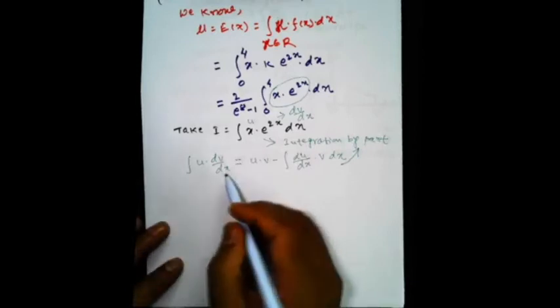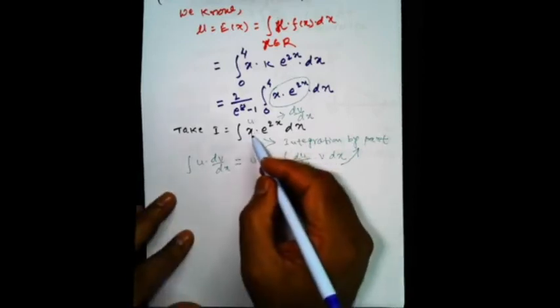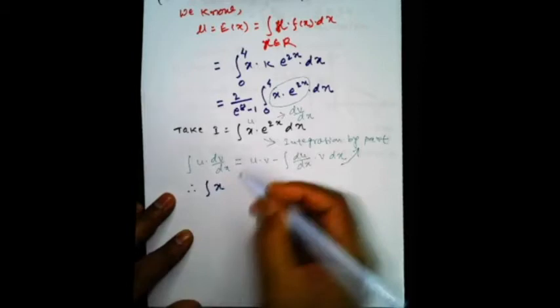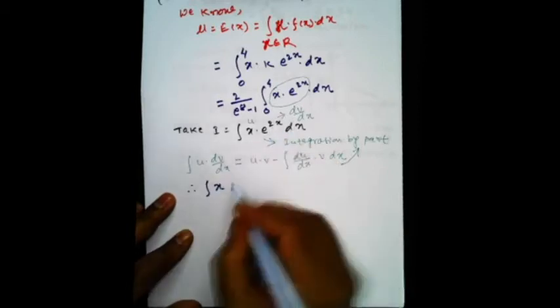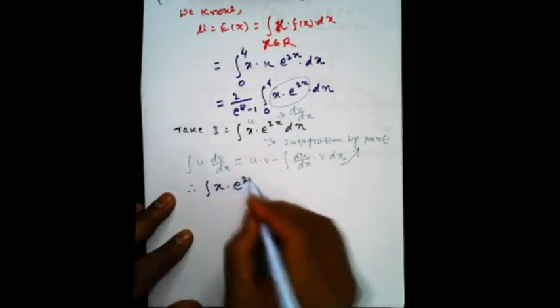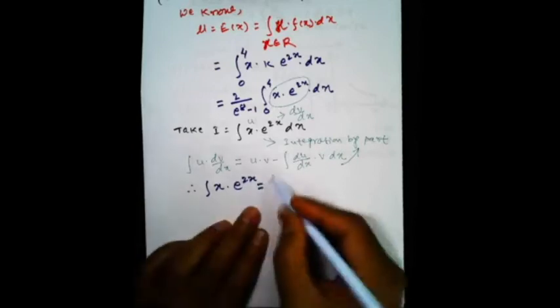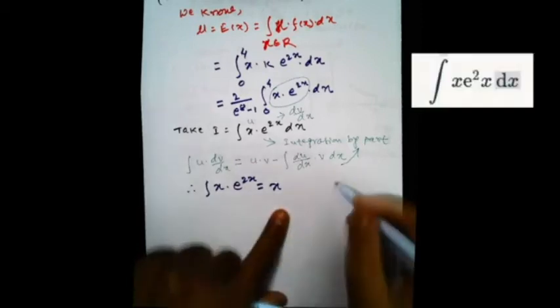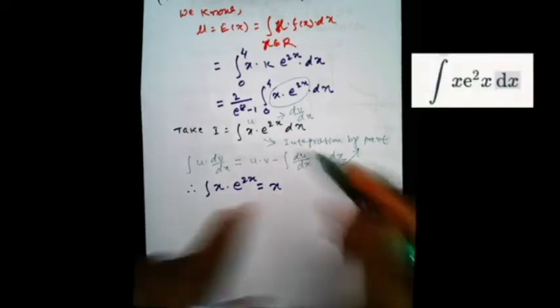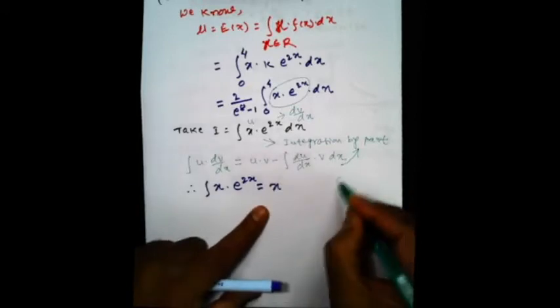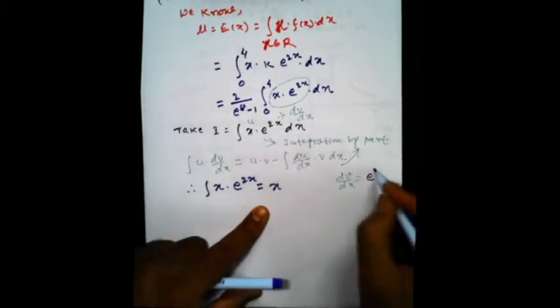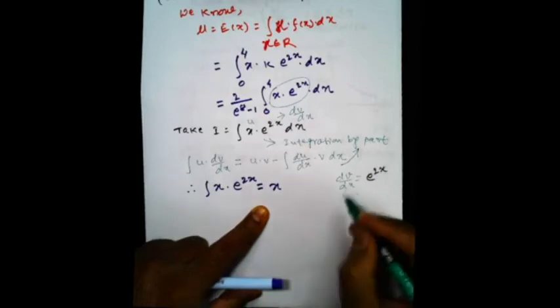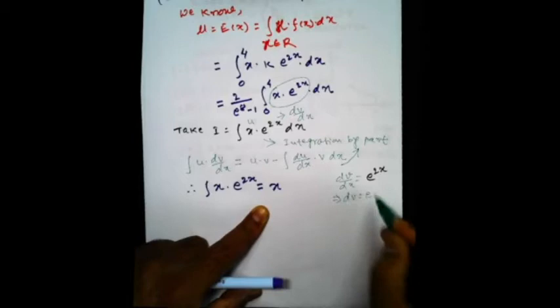If we apply this, in place of u we have x, and in place of dv by dx we have e to the power 2x. U is x, we don't know v, so we have to find it. Comparing the two, dv by dx is e to the power 2x, so dv equals e to the power 2x times dx.